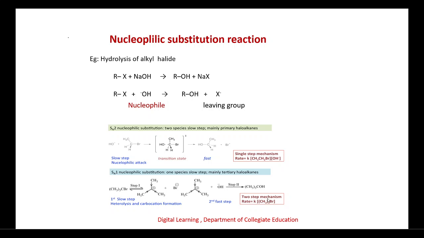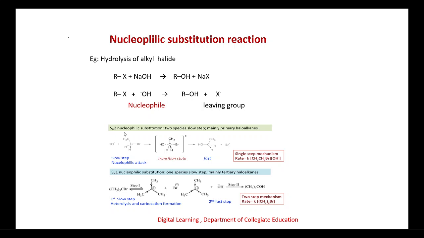It is a two-step mechanism with the involvement of a carbocation. Here, the rate of the reaction depends only on the concentration of the reactant and not on the reagent, and hence it is a first order reaction.